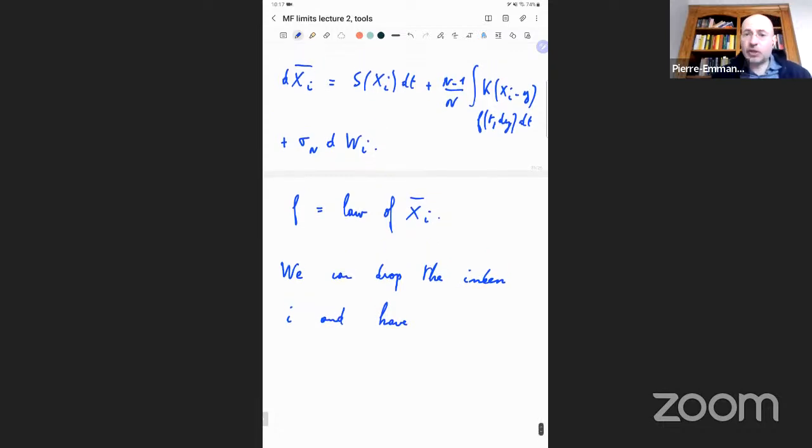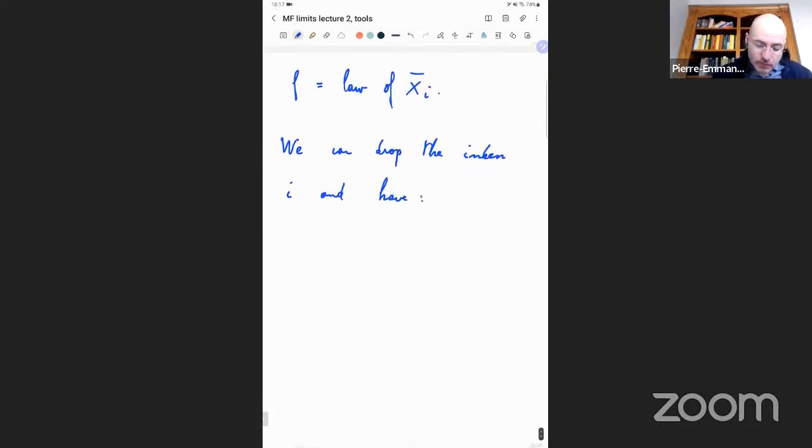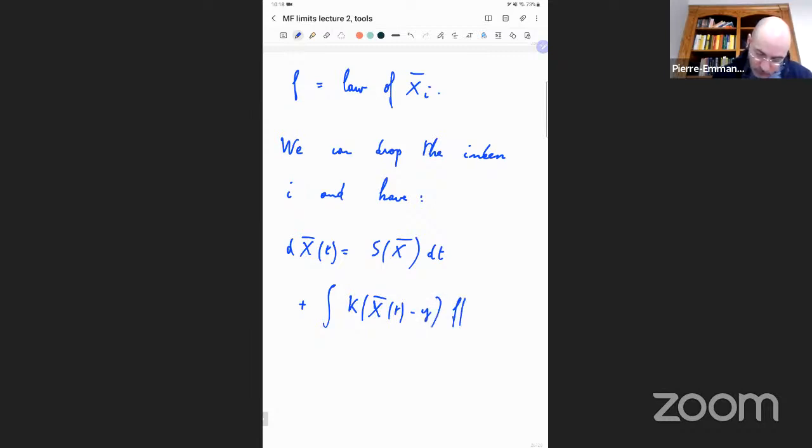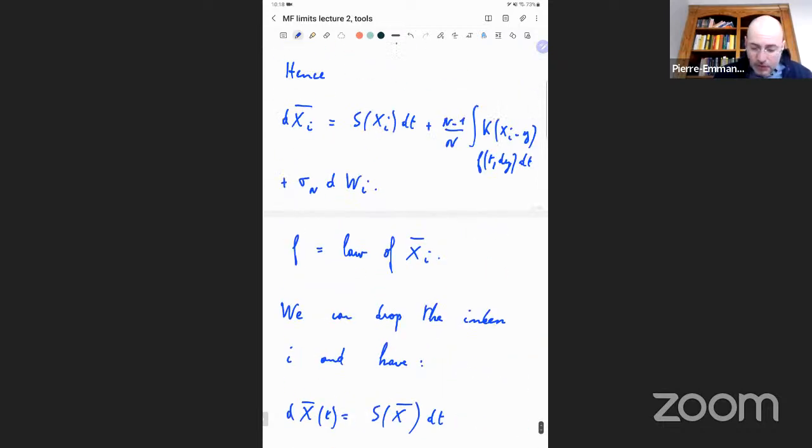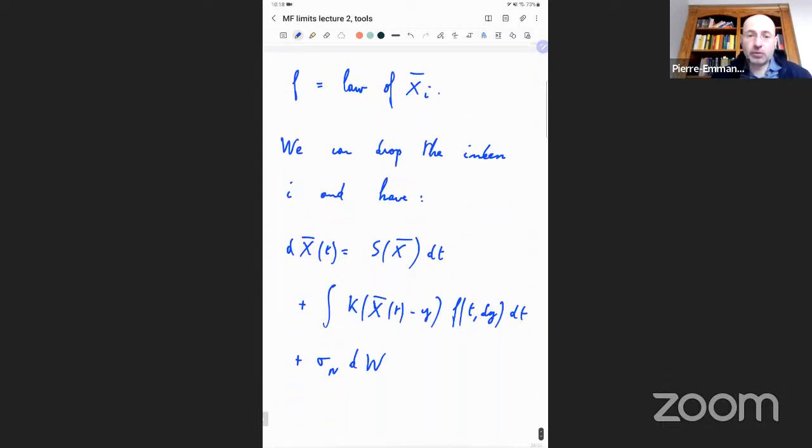And now the n minus 1 over n, I'm going to replace it by 1, right? And I can drop the index y from the Brownian motion as well.